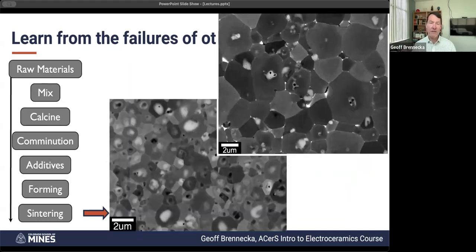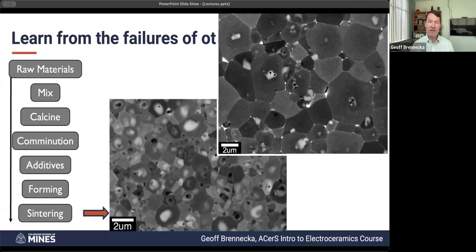So with all of that in mind, I just wanted to show you one last example of the earlier barium titanate, bismuth zinc titanate samples that we were making. These are two examples of samples that were, as far as we could tell, very, very close to identical, but with very slight differences in defect chemistry.